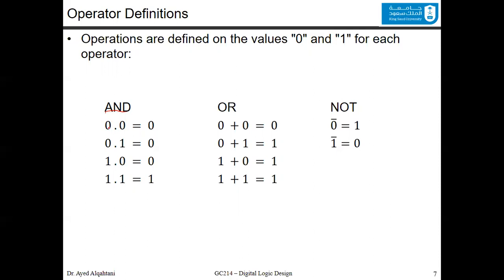If this statement is false and the other statement is false, then the result is also false. If it is 0 ANDed with 1, then the result is going to be 0. If it is 1 ANDed with 0, the result is going to be 0. If it is 1 ANDed with 1, and this is the only case in the AND operator where it equals 1.